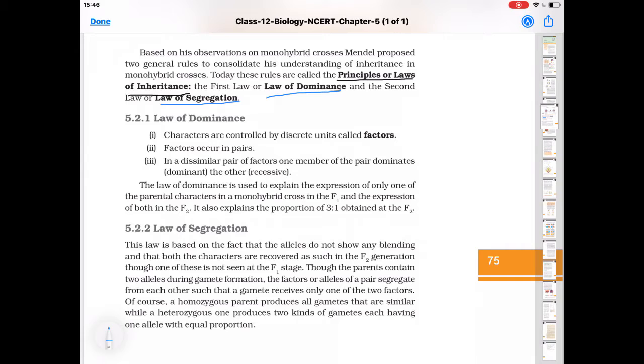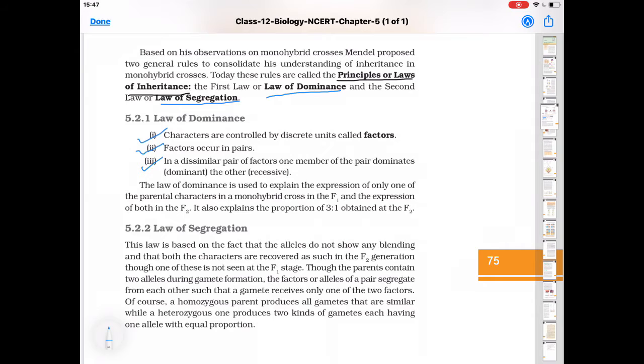Now, what is the law of dominance? This law states that each character is controlled by a pair of factors, discrete units called factors, and factors occur in pairs.